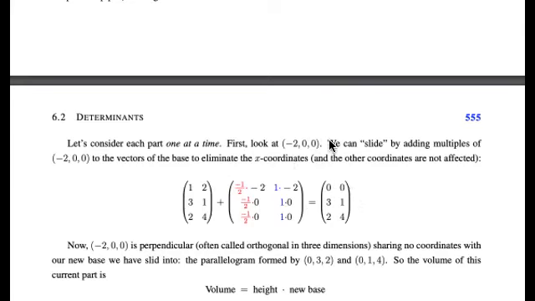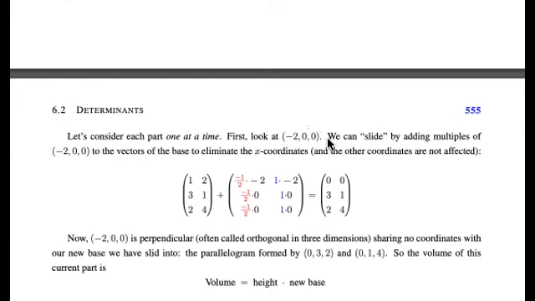Basically, we take multiples of this written as a column and add it to here and here, and we end up zeroing this out right here. So what we've done is we've made one of our coordinates, here our x coordinate, just 0. We've slid into position. Now we have this vector coming off of this base.